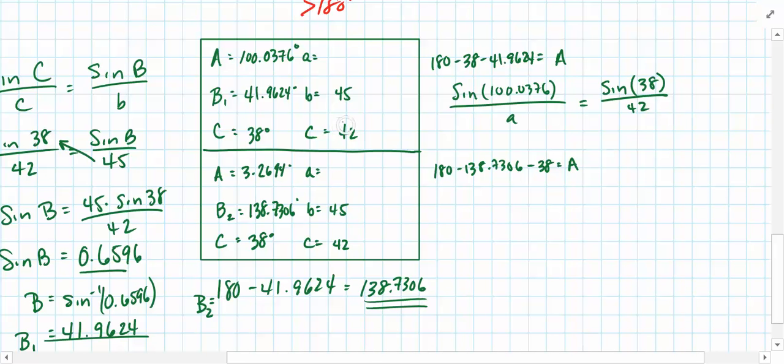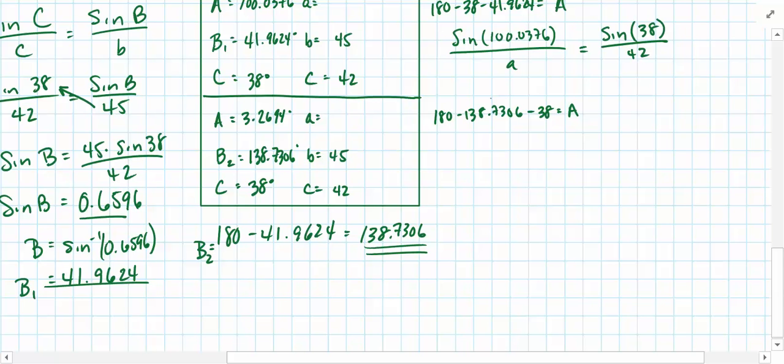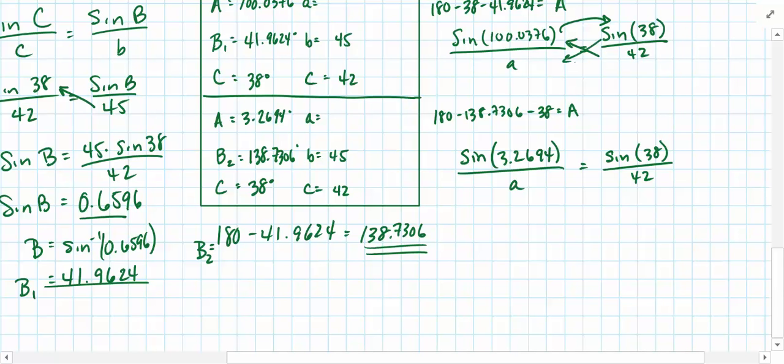I'm using C here because those are nice round numbers, whole numbers that we don't have decimals for. And in this second case, sine of 3.2694 over A must be equal to sine of 38 over 42 as well. So we'll use our cross multiply and divide shortcut to find A in both cases.